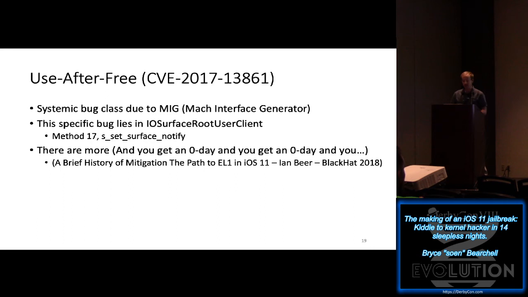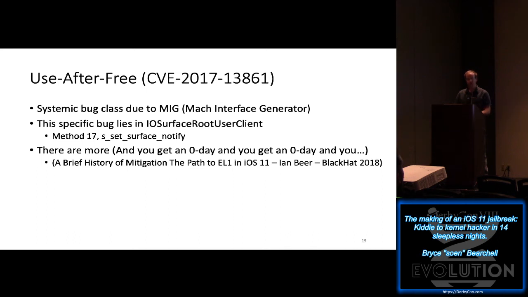So they have these MIG generators, which are a bunch of C code that writes more C code. So yes, there are bugs here. There are a ton of bugs here. And this specific bug lies in the IOSurface user client. And Ian Beer talked about this in his talk, a brief history of mitigation, the path to EL1 and iOS 11.